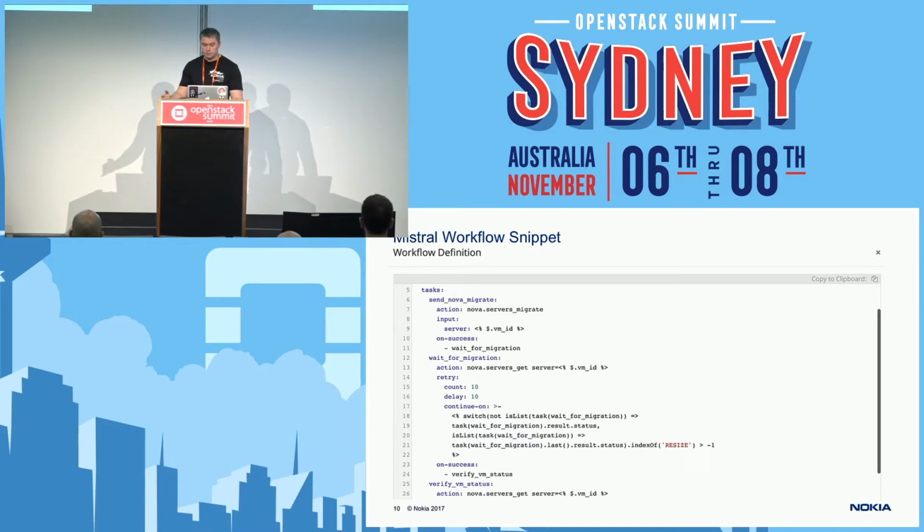But it's not enough, of course, because we need to wait till the VM is fully migrated, and we have another task. This particular workflow type is based on transitions. The first task says, okay, if it's successful, we need to go to the next task, which is wait for VM migration. And the second task, like we said before, has a retry policy applied to it.